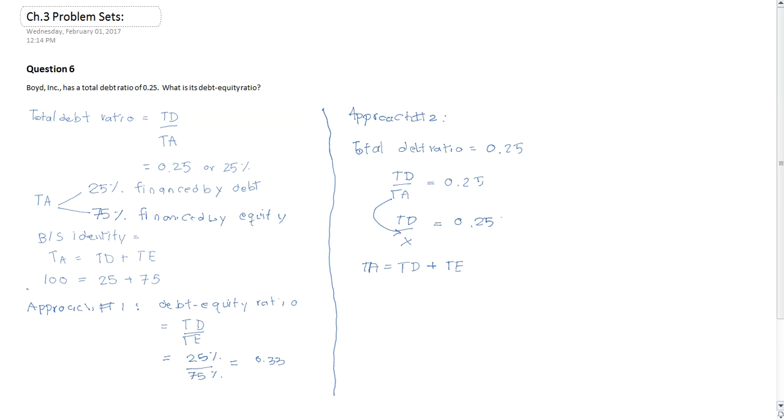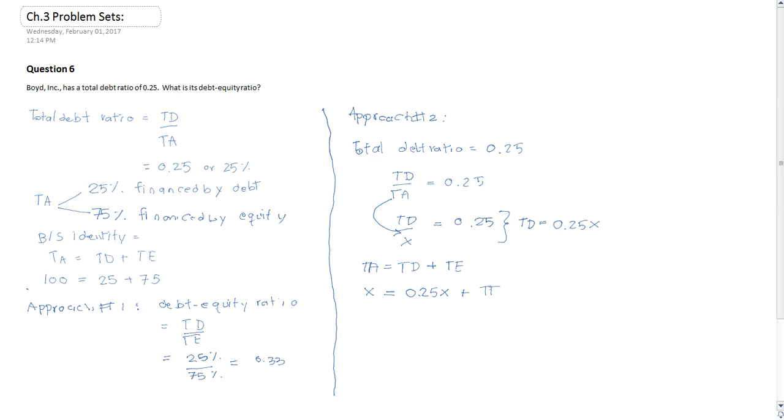And from the debt ratio equation, if we rearrange, we will have total debt equal to 0.25x. So with this information, I simply put it here because we already denote total asset as X. And total debt is now equal to 0.25x.